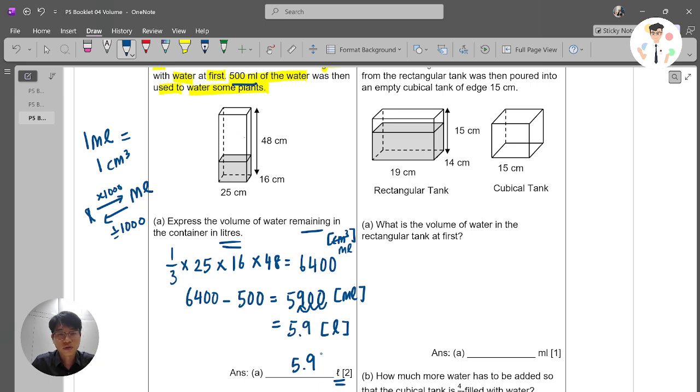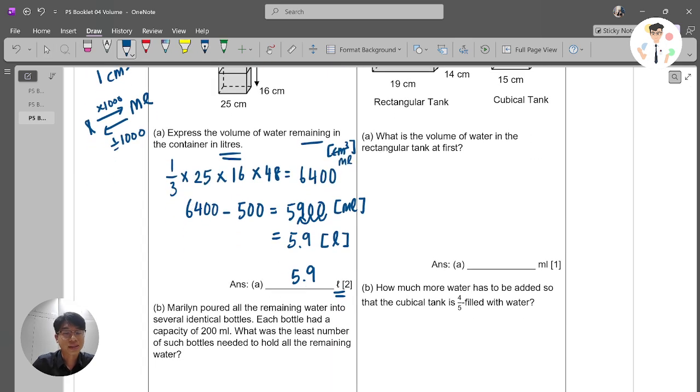Okay, now let's move on. The question continues to say that now Marilyn pours all the remaining water, 5.9 liter, into several identical bottles. Again, I have several bottles and they are the same. Each bottle has a capacity of 200 ml.